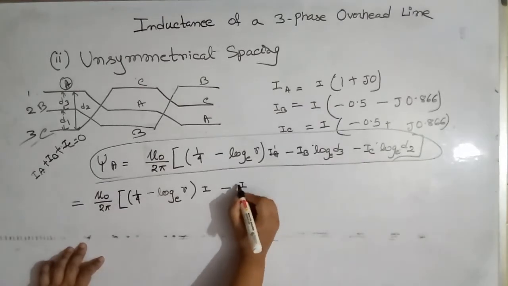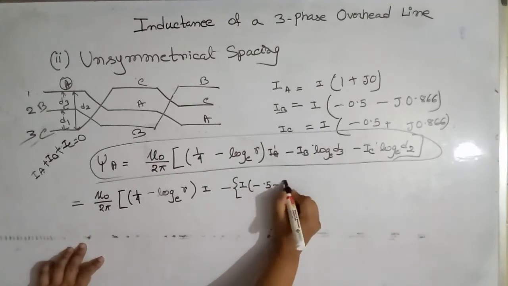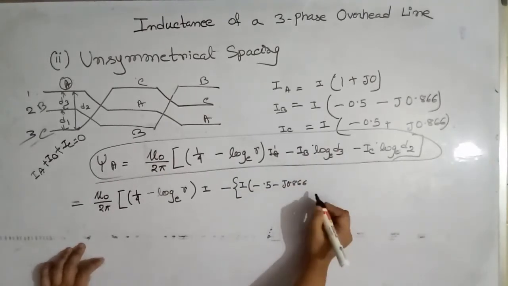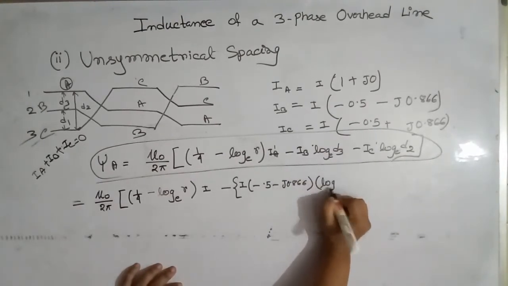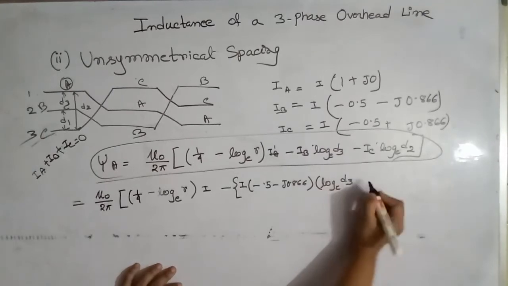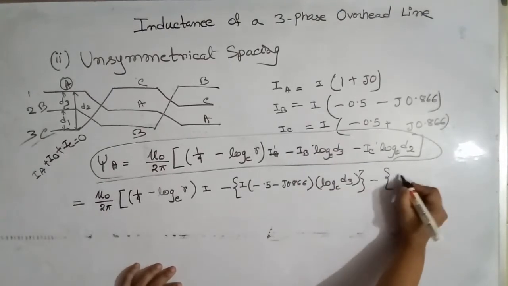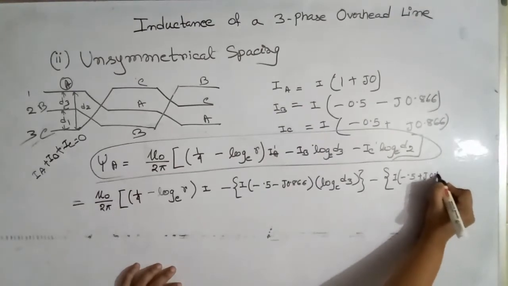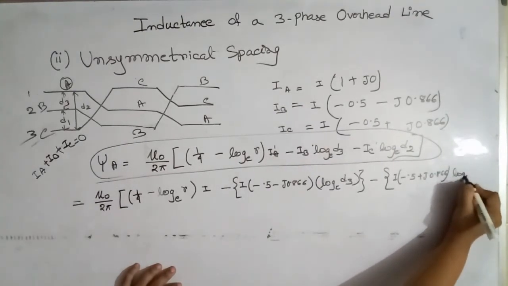I into minus 0.5 minus j 0.866 into log e D3, and IC equals minus 0.5 plus j 0.866 into log e D2.